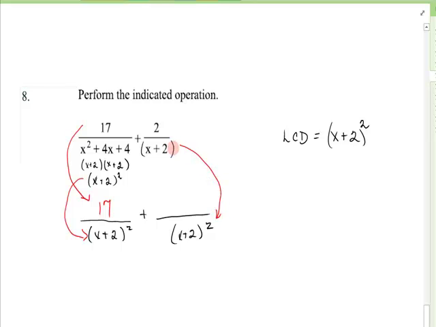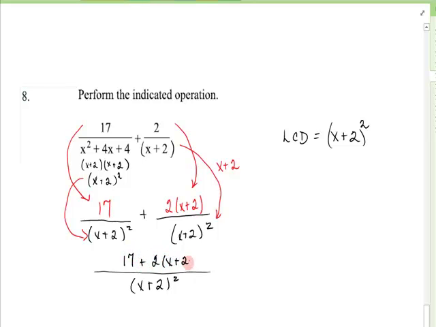Here, x plus 2 was multiplied by another x plus 2 to get squared, so we'll multiply 2 times x plus 2. I have a single denominator of x plus 2 squared, and I have 17 plus 2 parentheses x plus 2.